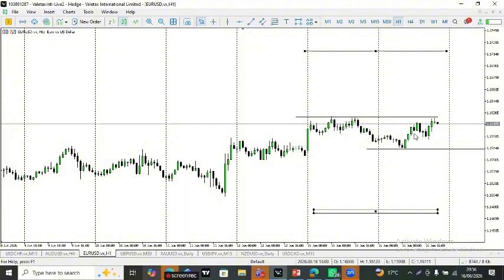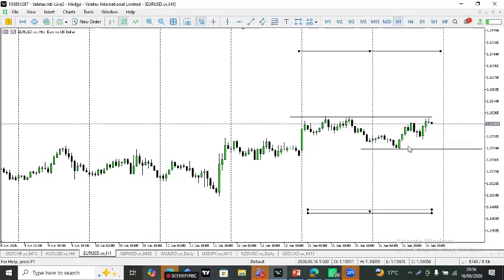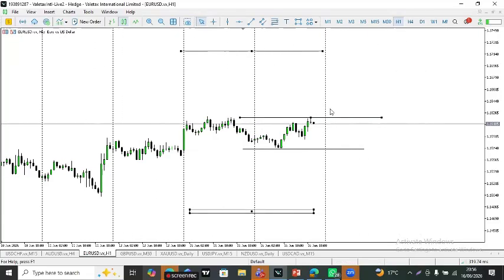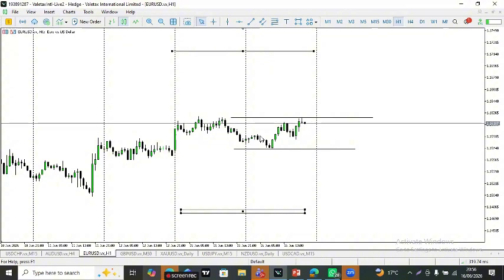But let's just assume nothing happens and structure is maintained. So you'll have that low there, and then we'll have that new high here. So tomorrow, what can we anticipate?